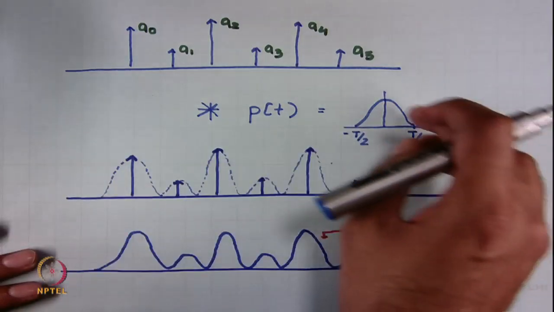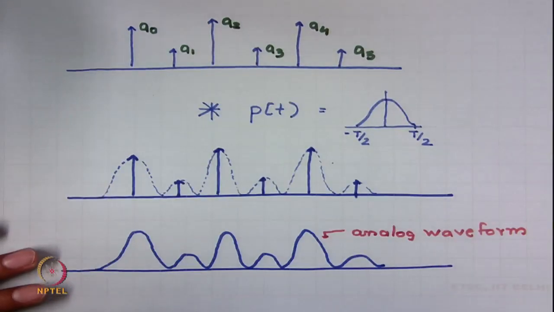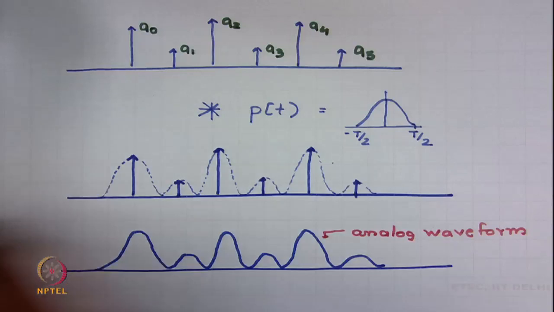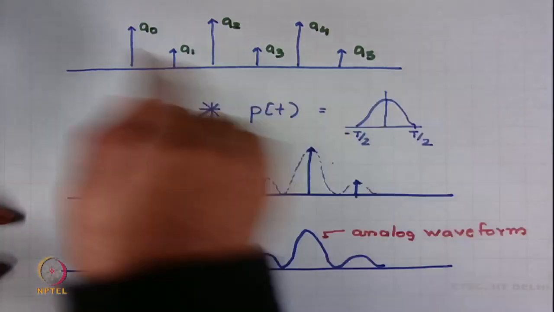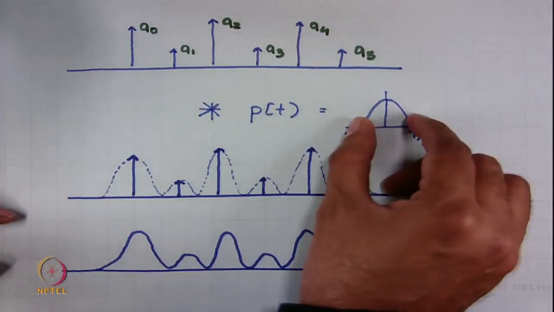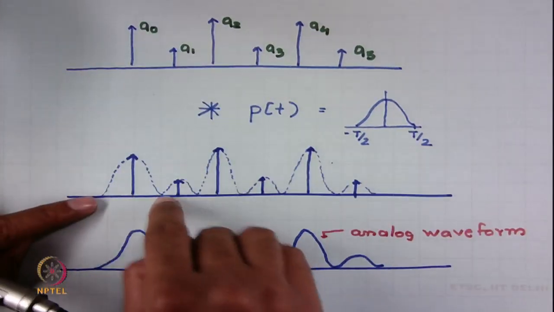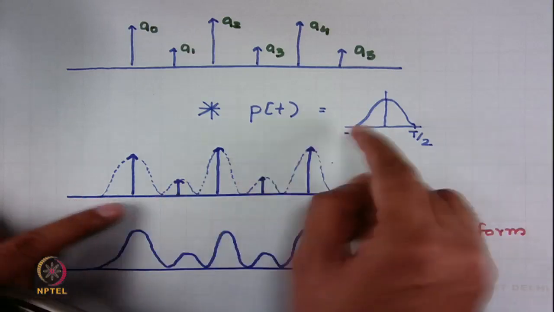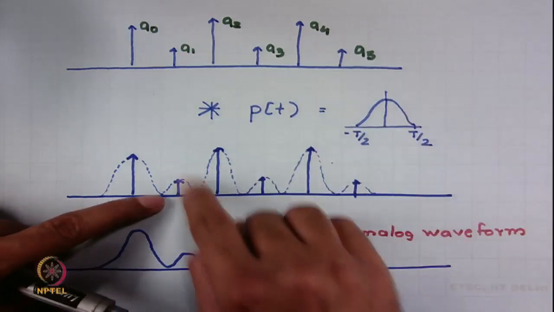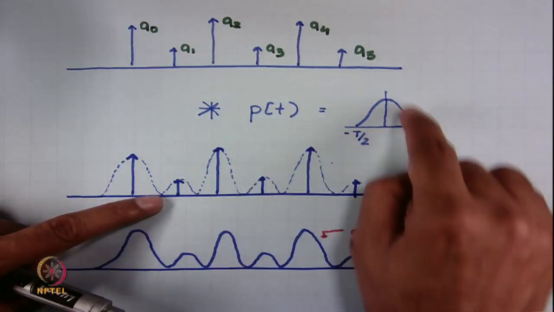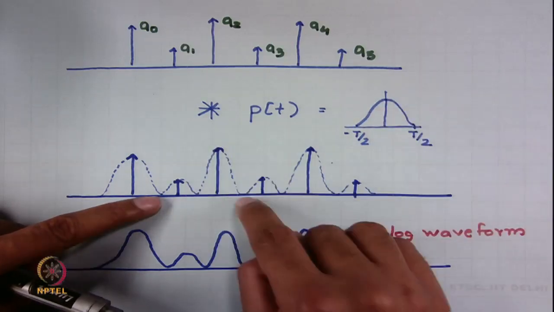Convolution of this pulse with this impulse train can be simply achieved by putting copies of this pulse on these impulses. You put this pulse around this impulse and you get this waveform. Then you put it around the next impulse, you get this, and so on.